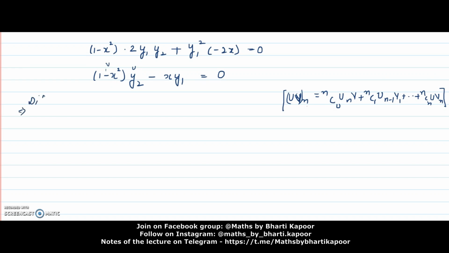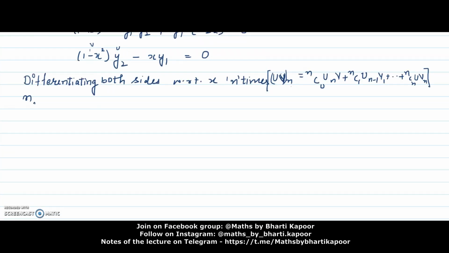So differentiating both sides with respect to x n times, we get nC0 y(n+2) into 1 minus x square plus nC1 y(n+1), derivative of this term goes down by 1 and derivative of this term goes up by 1.